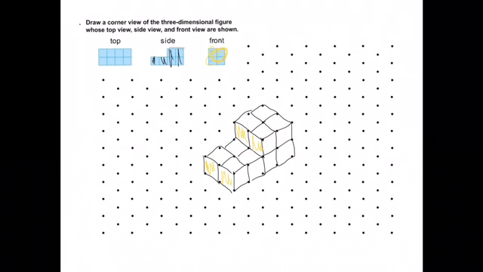If I were to look from the side, that's right here, and that's where I would see a single, and then 2, 2, like that. And then the last view that I would have is from the top, and that's where I have a 4 by 2. So I would see 1, 2, 3, 4, 1, 2, 3, 4. So you've got to think about what that view looks like.